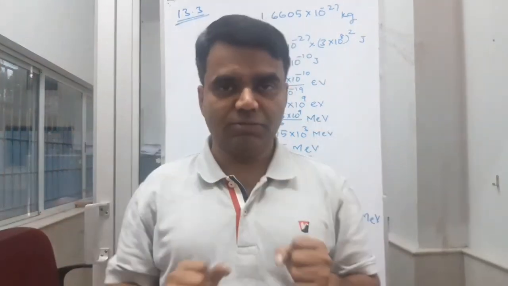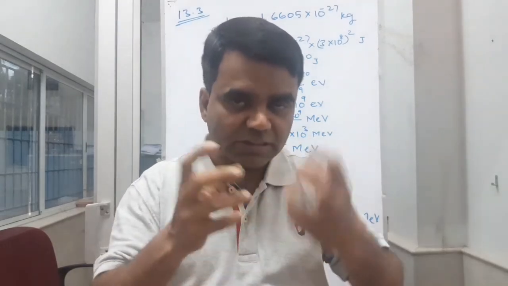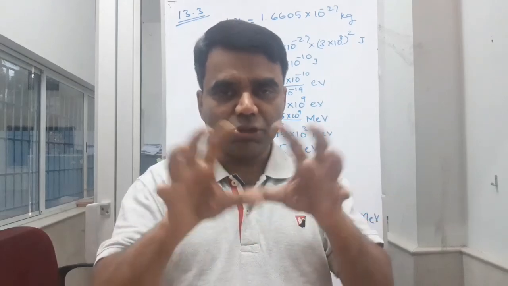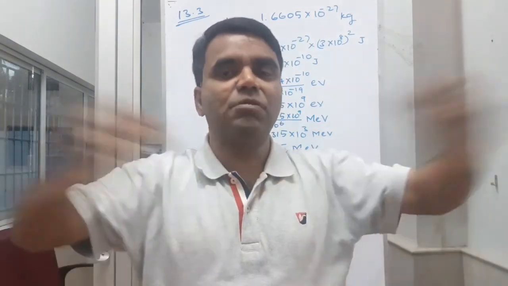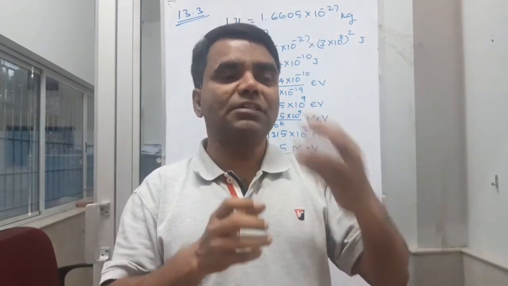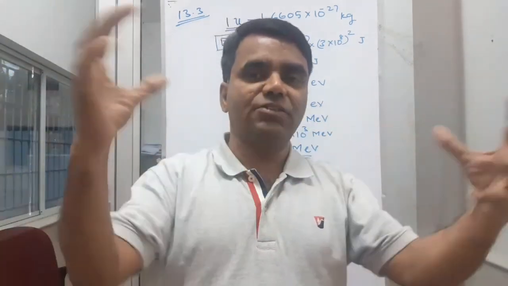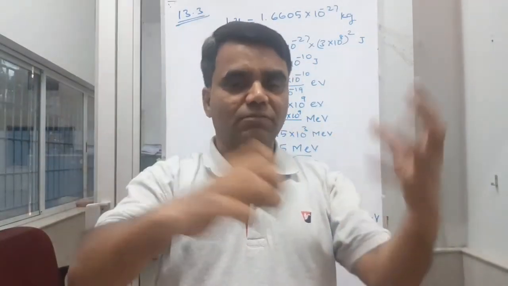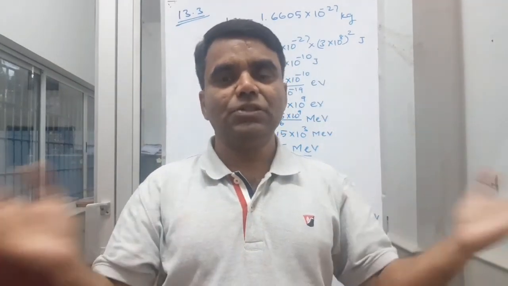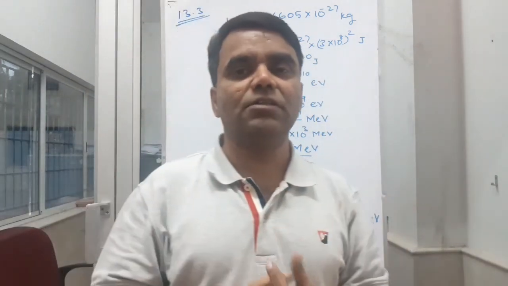The nucleus takes that energy, converts it into mass, and attaches that mass to the constituents, and then they come out as a whole proton and a whole neutron. So the equation E is equal to mc squared helps us understand what's going on.